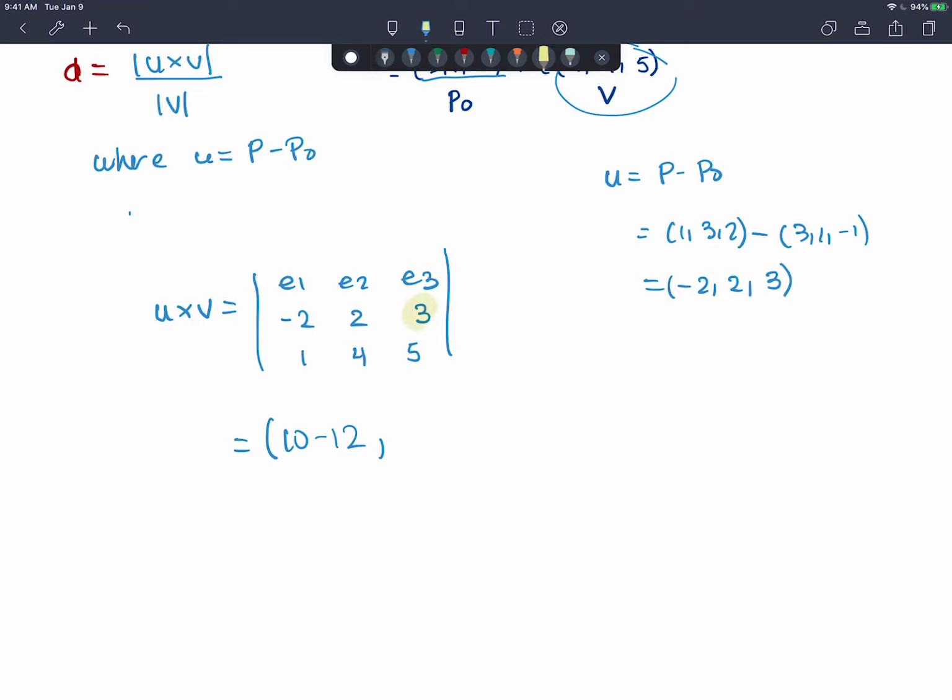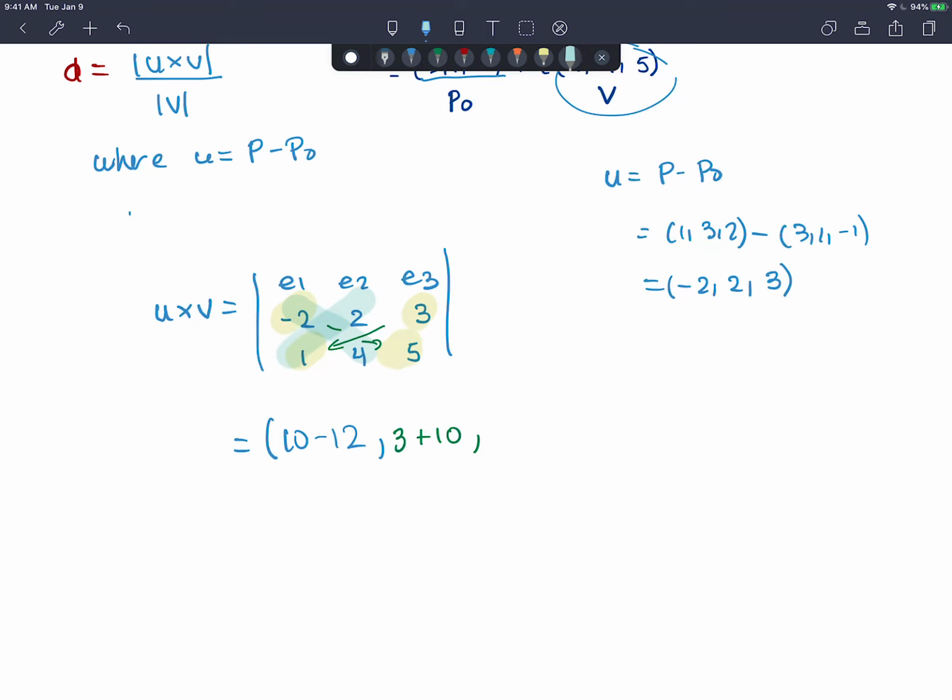Now I do the cross product in the middle term backwards instead of changing the sign outside. I'm going to do 3 times 1 minus this times that, right? So that minus that. So I get a 3 minus 10 minus a negative 10, so plus 10. Okay? And now my third one becomes just this minus that.